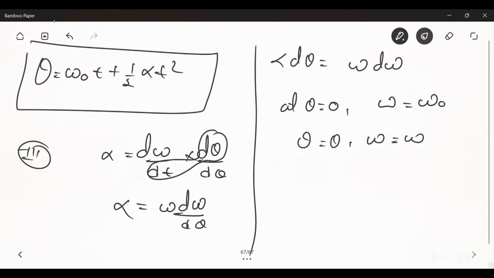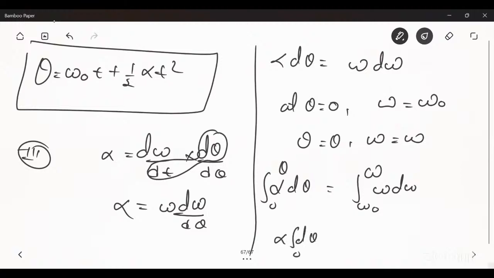So integral of alpha d theta from 0 to theta equals integral of omega d omega from omega naught to omega. Alpha is constant, so it comes outside. Now the integral of omega d omega is omega square by 2.